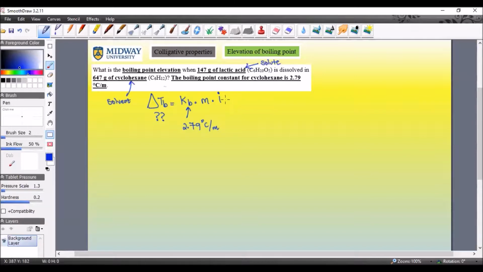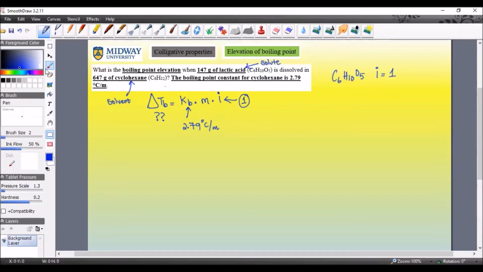And the Van't Hoff factor, as I said, this is our compound that we are dissolving in cyclohexane. Is there any metal in it? It's all non-metals, so i is equal to 1. So this right here is 1. That means we still have to find this molality.